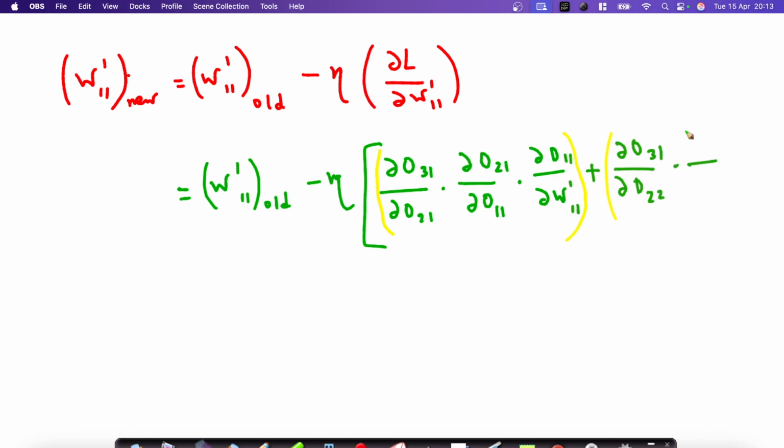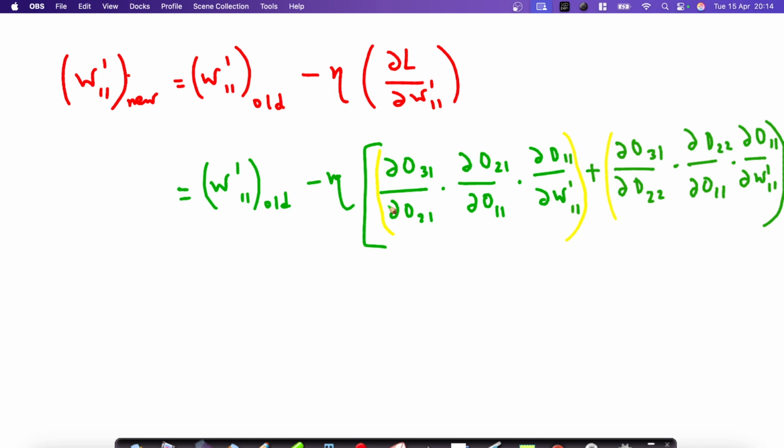The second path, multiplied by O22 with respect to O11, multiplied by O11 with respect to W11, right?